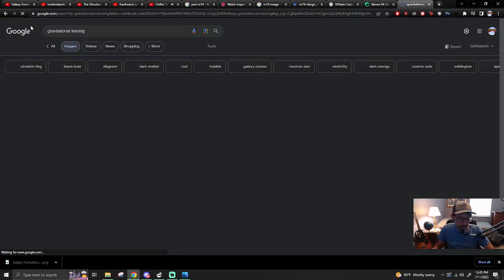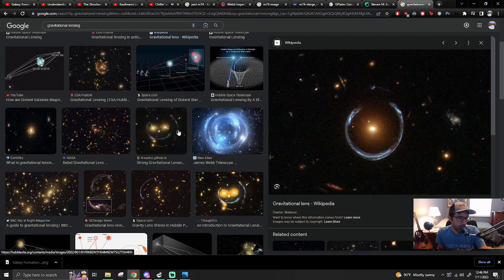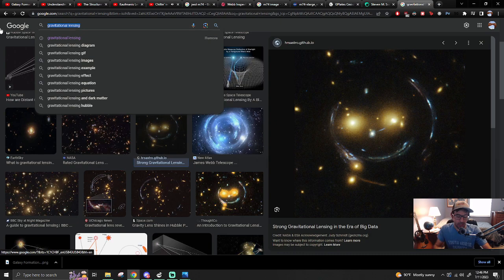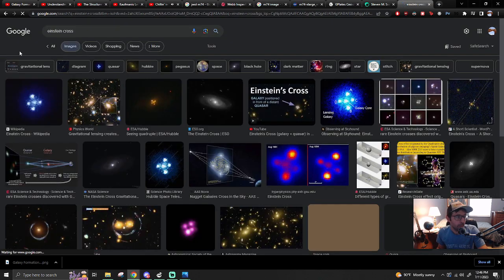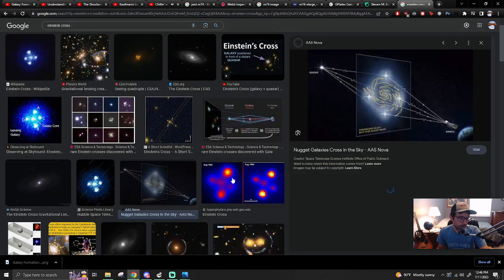is a thing. Like here. We've seen it here. We've seen it in the smiley face. It's a thing that happens also in Einstein cross. Like here, where this is one system with an intermediary that its gravity is bending it around like this.